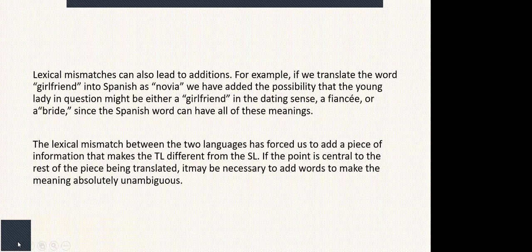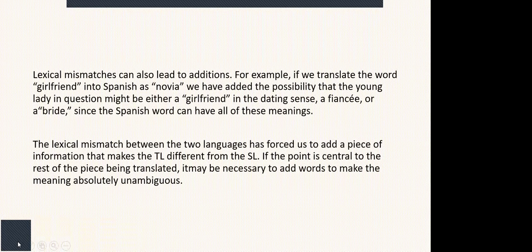So all of these meanings are inside the very same word. Novia would stand for any of the three, right? It could be just a female you have a relationship with, someone you have committed to for marriage, a fiancée, which is a different term, different status. And the ultimate status of a novia will be a bride, someone you're about to engage in marriage with, right?